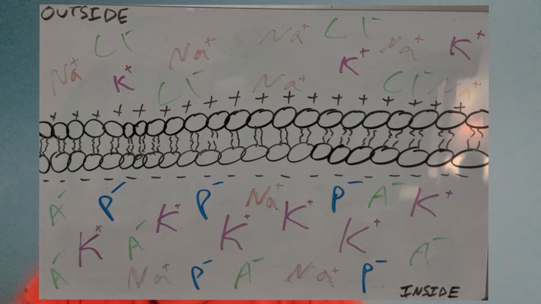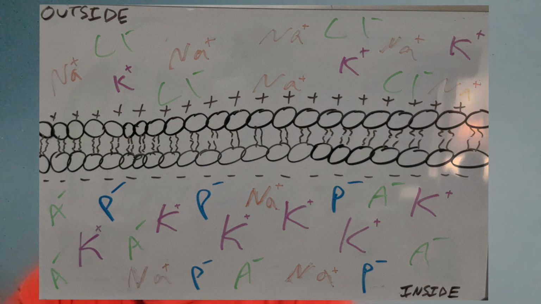That's because our Na, K, ATPase pump is pushing more potassium into the cell and taking the sodium out of the cell. That being said, in the interior, in the interstitial fluid of that cell, you have negatively charged ions as well as negatively charged proteins.